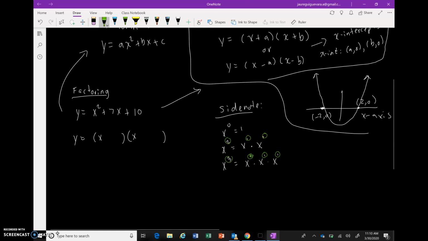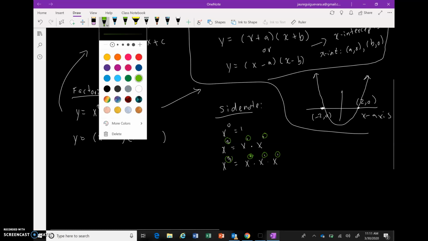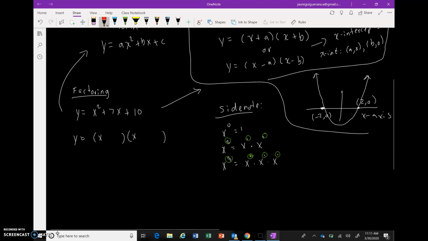Remember, these are called the base and the exponent. As you multiply bases, you add the exponents. So when you multiply variables, your exponents add up.